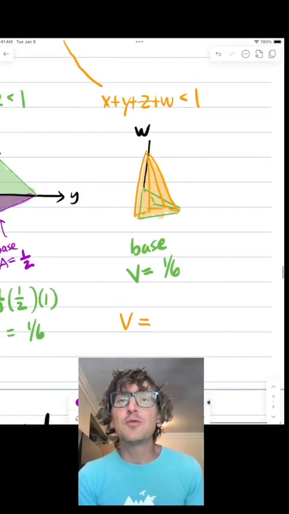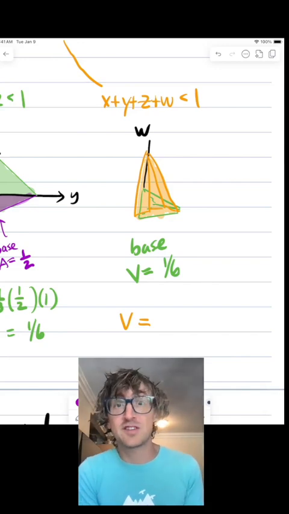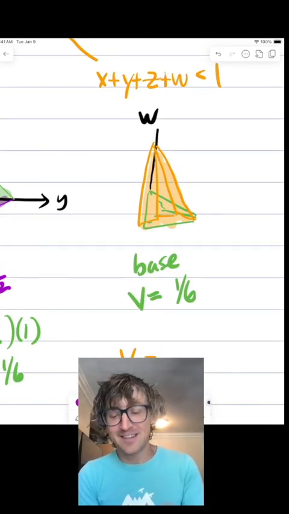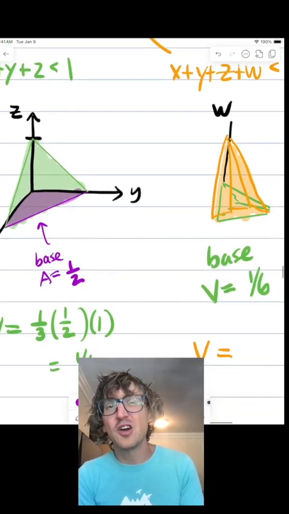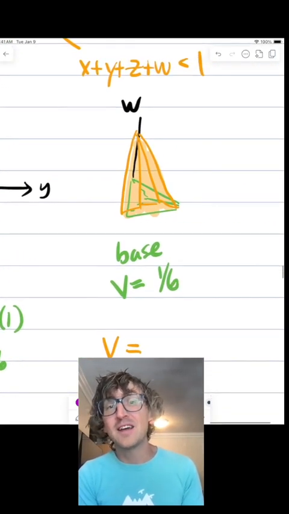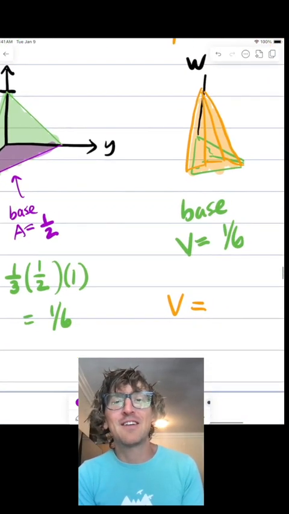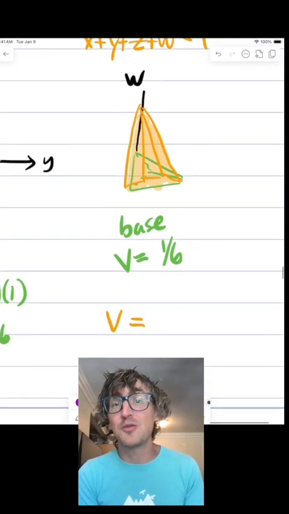So if I'm continuing when I have 4 numbers, it means their sum is less than 1. I can't really draw in 4D, but we're going to get a similar picture as we had over here, where we get some sort of pyramid that has the same base as what we had in the previous case. And I've already filled in that that base has volume 1/6.